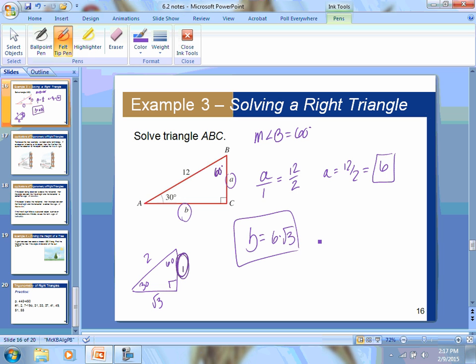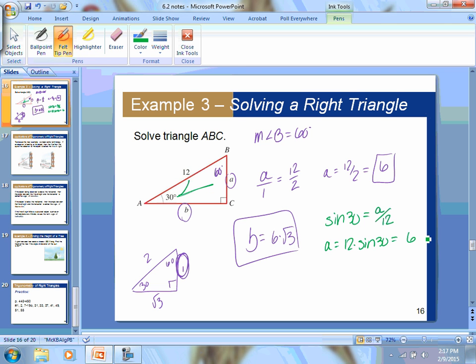Now we could also do this with our trigonometric functions. So if I wanted to, I could find A by doing opposite over hypotenuse. So that would be sine of 30 equals the opposite over the hypotenuse. Then I'd have to multiply both sides by 12. So 12 times the sine of 30, you should still get 6.